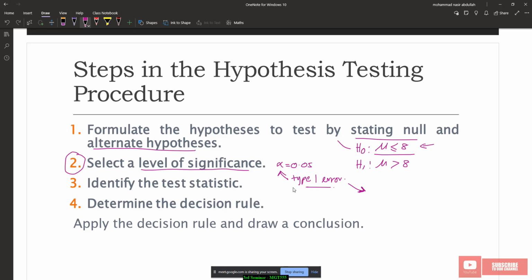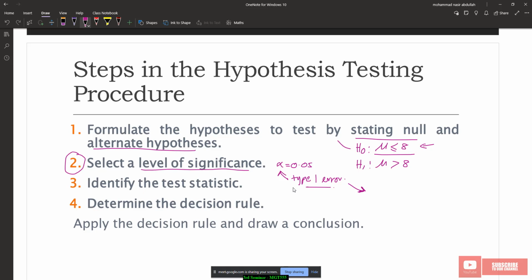So there are no perfect calculation, there are no perfect conclusion or decision, right? We should reserve some errors of making incorrect decision. So the errors that we want to reserve, kita nak ambil yang minimum error, right? So maksudnya kalau kita buat kesilapan pun, kesilapan tu sangat-sangat susah nak berlaku.